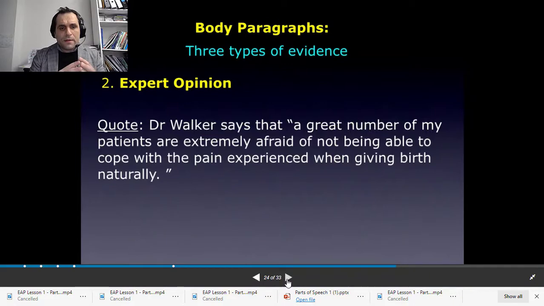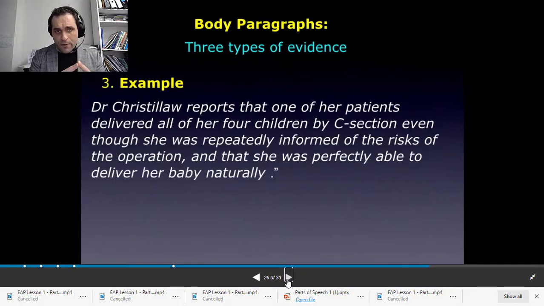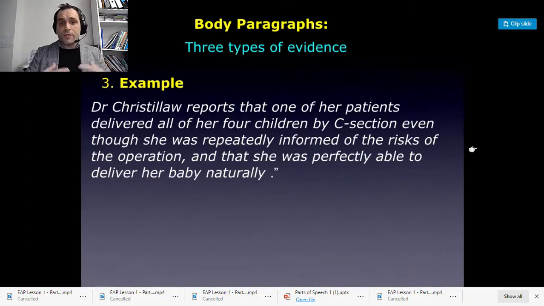So the third type of evidence is to give an example. An example is Dr. Christolaw reports that one of her patients delivered all of her 4 children by C-section, even though she was repeatedly informed of the risks of the operation and that she was perfectly able to deliver her baby naturally.